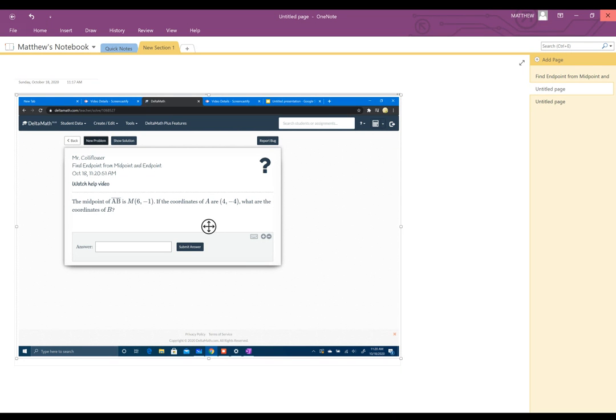So the first thing I want to do is set some variables up so that I can use the midpoint formula. My midpoint M, which is (6, -1), I'm going to let that be equal to x and y, my midpoint coordinates.